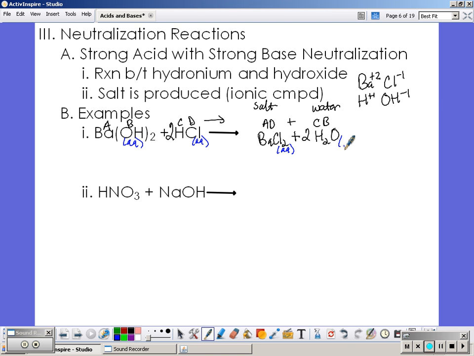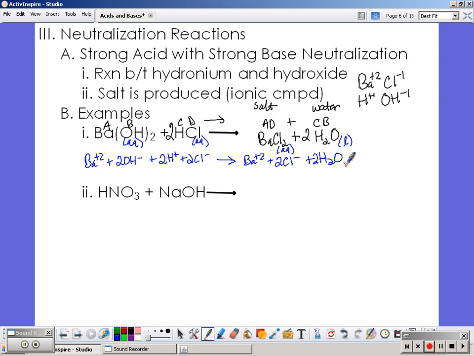So anything that is aqueous, you can break up. Ba plus 2, hydroxides, 2 hydrogens, 2 chlorines. Remember, these are ions, so you have to show the charge. Ba plus 2, Cl minus, and then 2 water. Water does not break apart because it's a liquid.